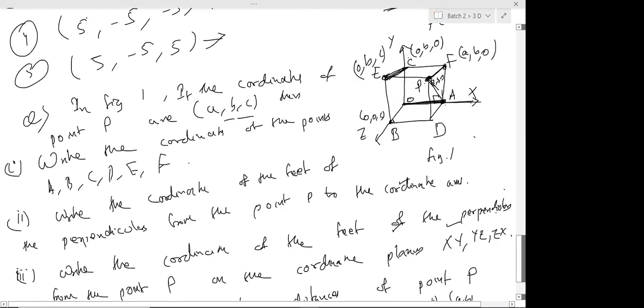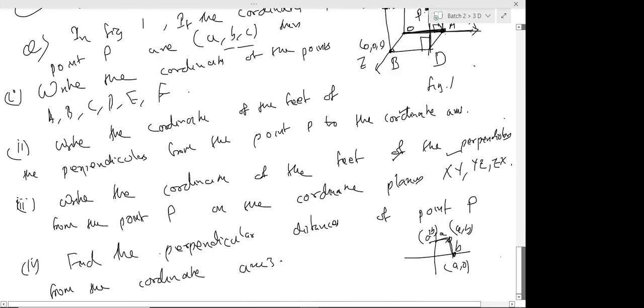So in the coordinate planes, the coordinates are E, F, and D. Right? This is perpendicular to that plane. This is perpendicular to this plane. And in the fourth part, here this is A, B, and C. Here D, F.